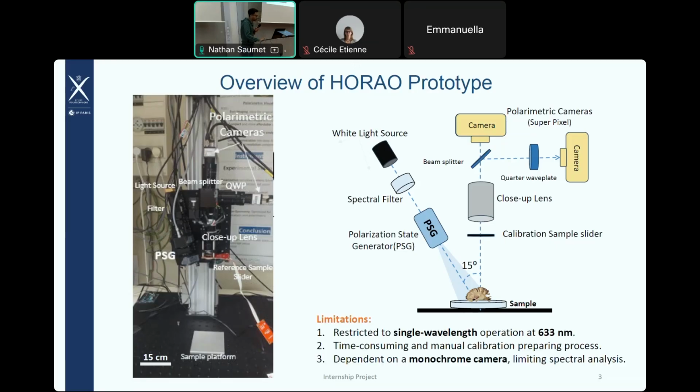But the problem with this prototype is that we can only detect at a single wavelength. We cannot scan the whole spectrum of the light because the cameras we were using were only operating at single wavelengths.